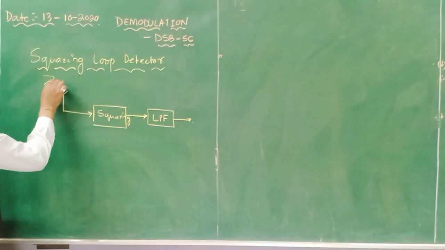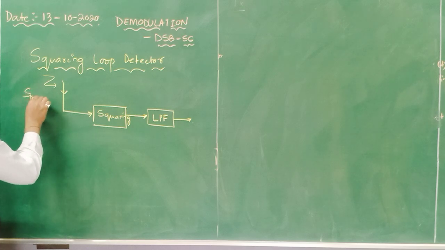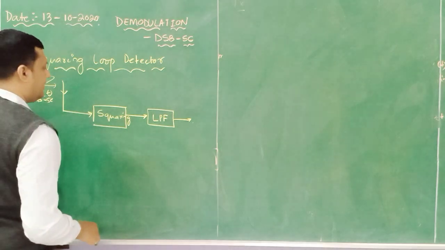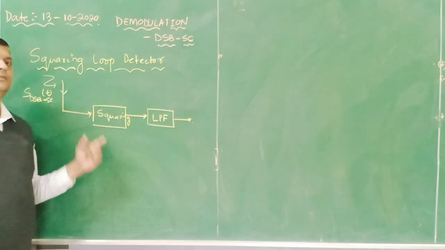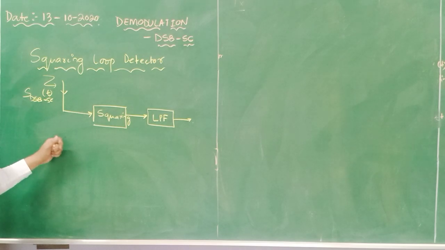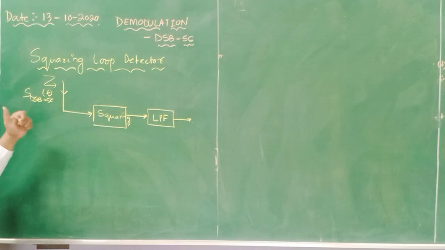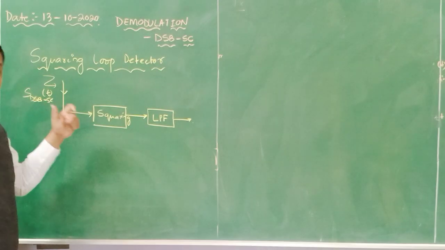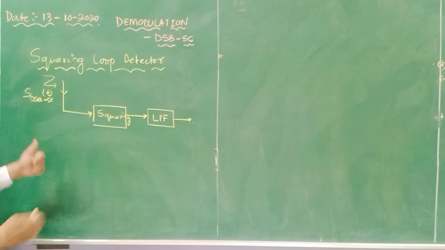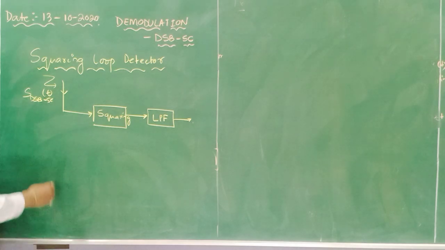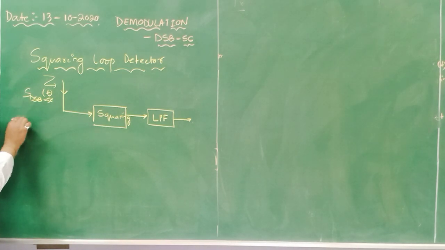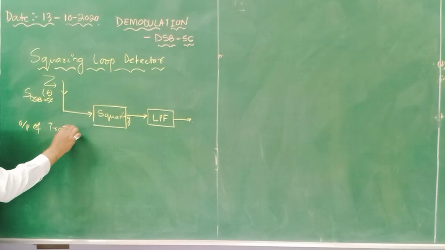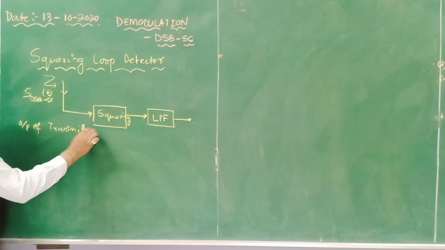Now here we have received the DSB-SC signal. Okay. Now this thing we have already discussed to demodulate the AM signal. The same thing I will discuss for the demodulation of the DSB-SC signal. The same thing we can use for demodulation of the SSB-SC signal also, using the coherent as well as the squaring loop detector. So first, the output of the transmitter means the DSB-SC signal.